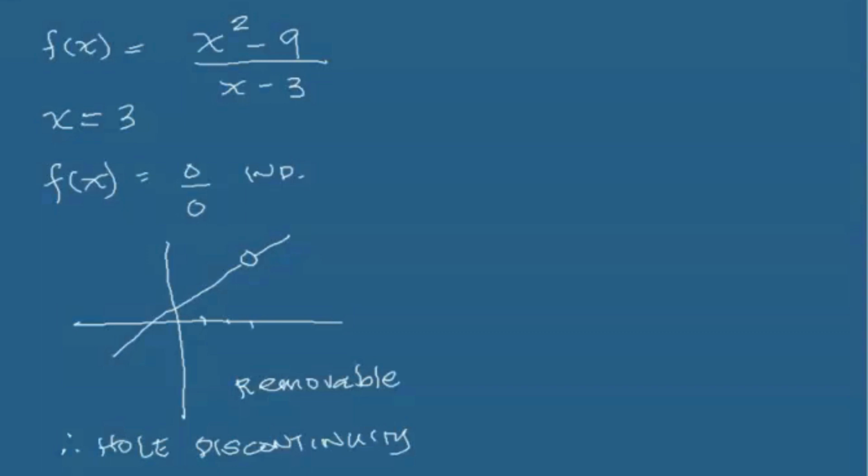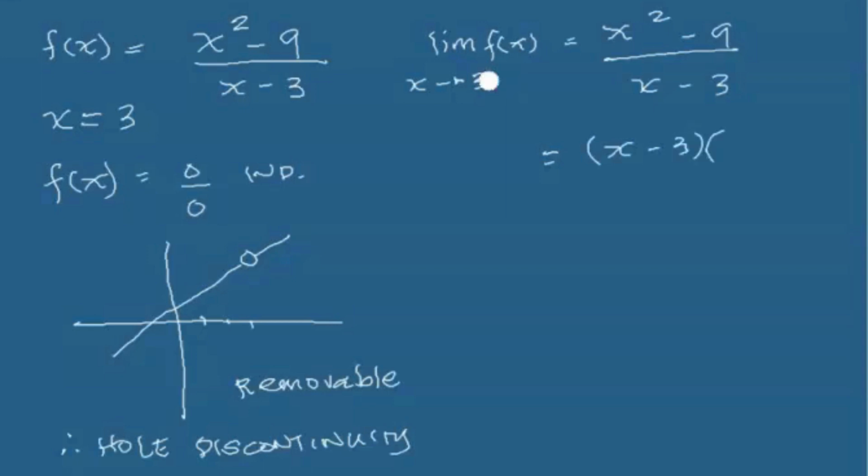How do we redefine this function? The limit of the function as x approaches 3: we have x squared minus 9 over x minus 3. x squared minus 9 is a difference of two squares, so factoring that, we have x minus 3 and x plus 3 over x minus 3, so we can cancel x minus 3.